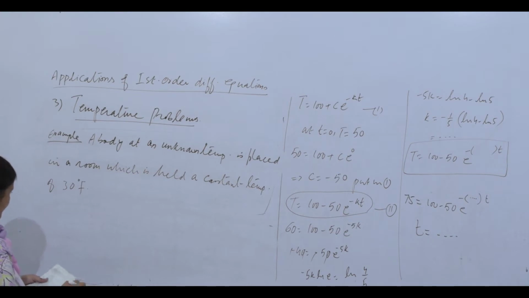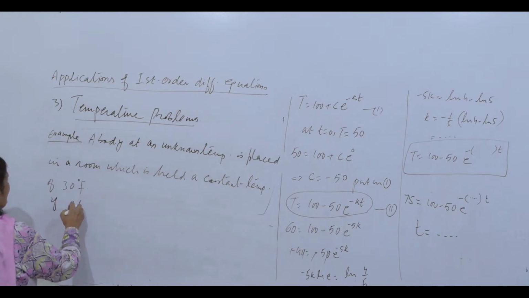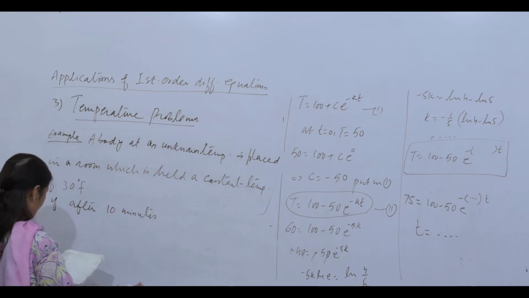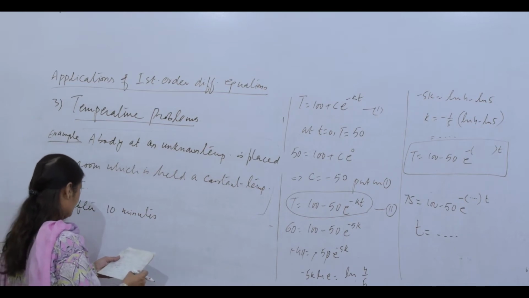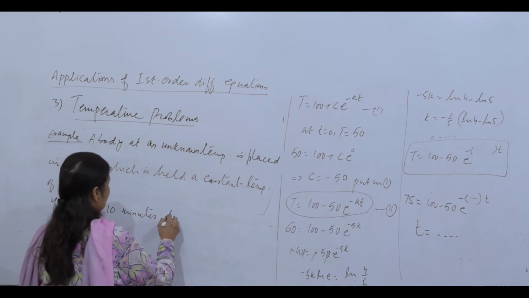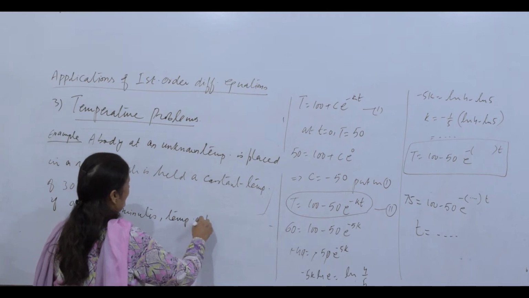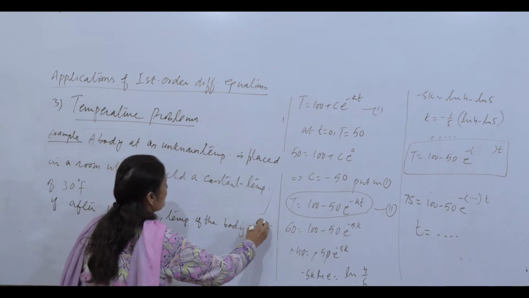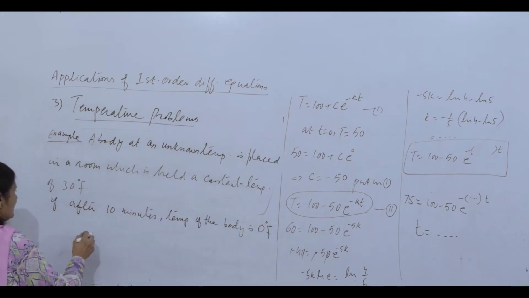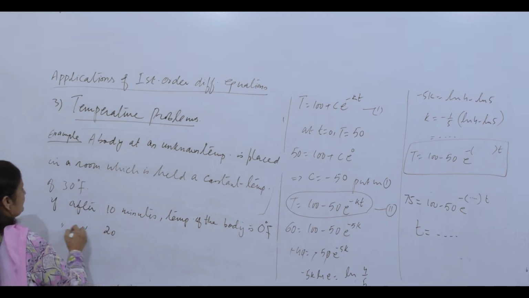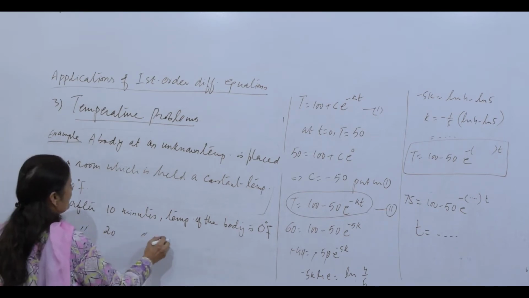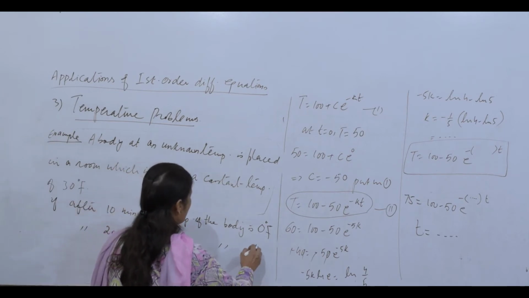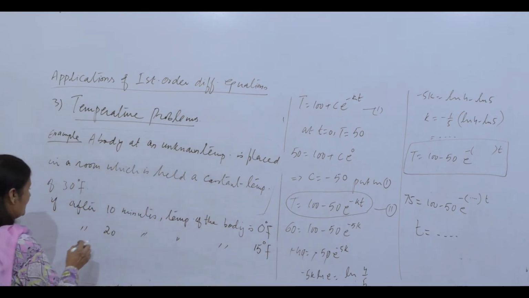So, if after 10 minutes the temperature of the body is 0 degrees Fahrenheit, and after 20 minutes the temperature of the body is 15 degrees Fahrenheit. This is the information.